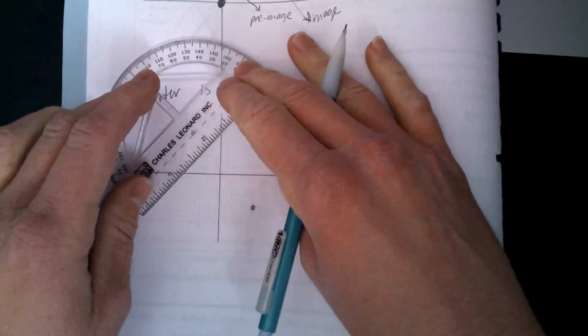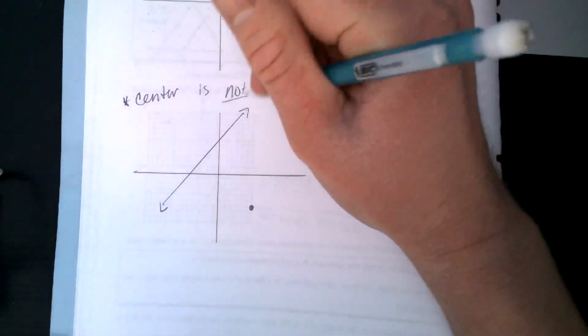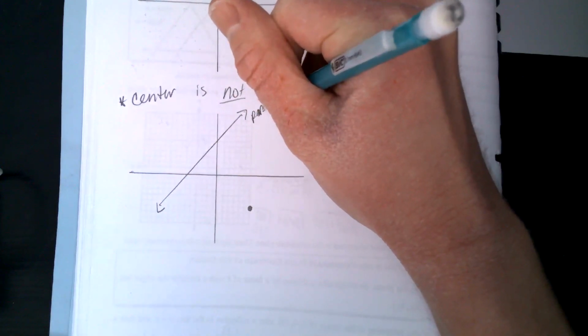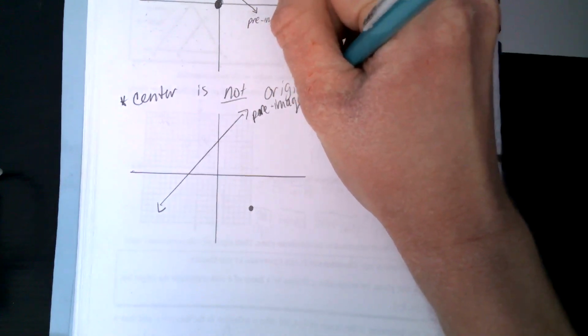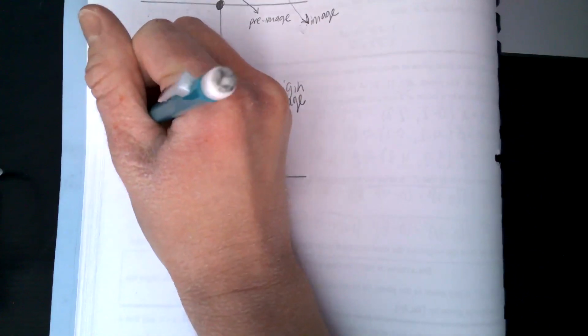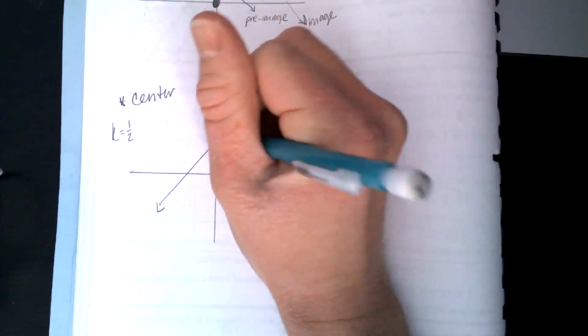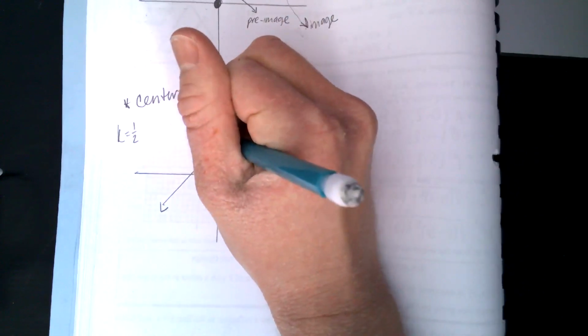Okay, so let's say our line starts here. So this is the pre-image. So we have a scale factor of 1/2. Now let's say our y-intercept is 4. Now the image is still going to be parallel to the pre-image.